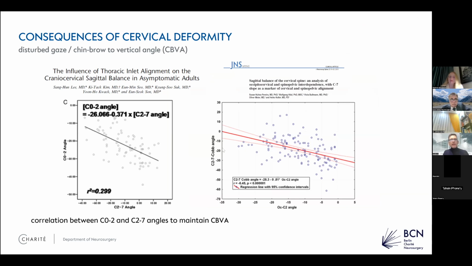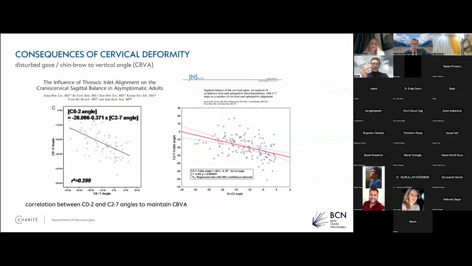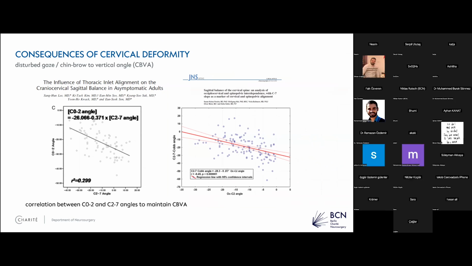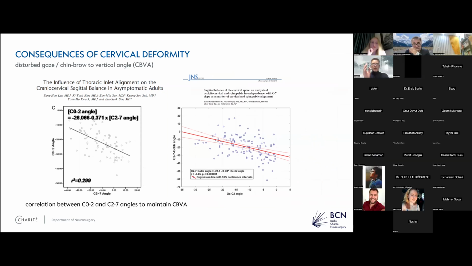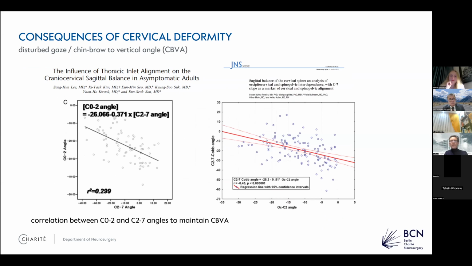Here is a paper that nicely shows another compensatory mechanism for the cervical spine. So it's interesting to note that the axial and the subaxial spine, and the alignment of C0 to C2 versus the alignment of C3 to C7, are heavily correlating to each other. In other words, if the cervical spine becomes kyphotic or straight from C3 to C7, maybe due to degeneration, the lordosis from C0 to C2 will increase.